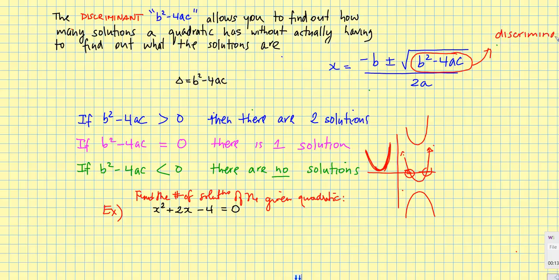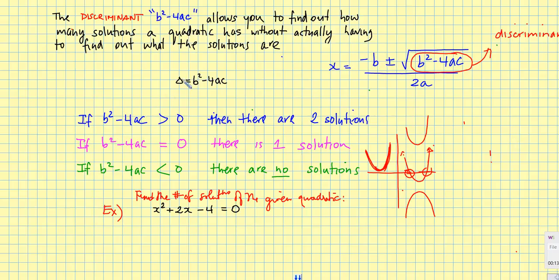And the discriminant is sufficient for us to know whether we have 2 solutions, 1 solution, or no solution. Now, the discriminant does not tell us what the solutions are, so what the possible x-intercepts are, but it does tell us how many x-intercepts there are or there could be.